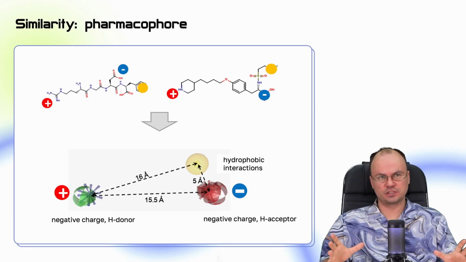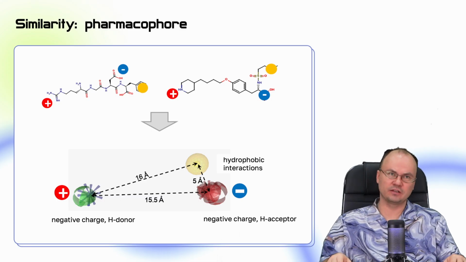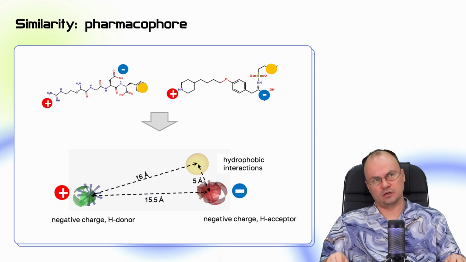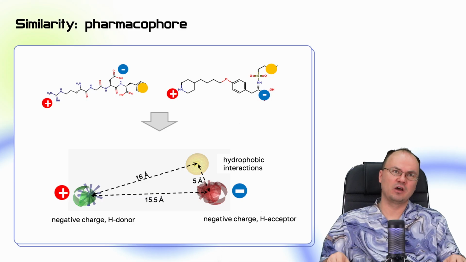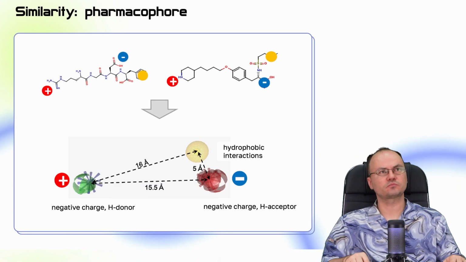By using these centers, we could create a triangle and analyze the distances between these three centers. The distances are similar for both of the substances, which concludes that these two molecules might be very similar in terms of bioactivity.